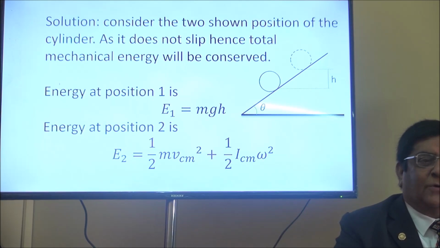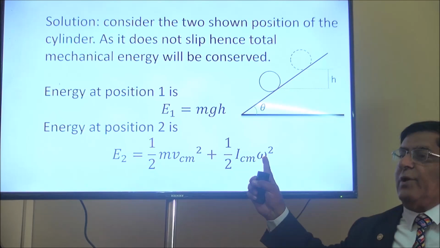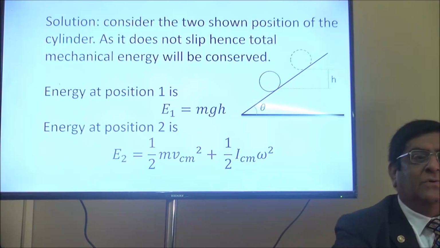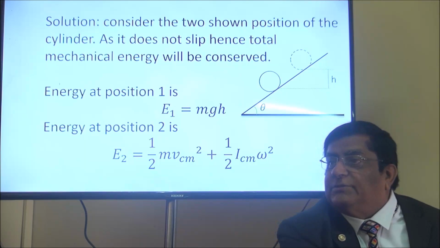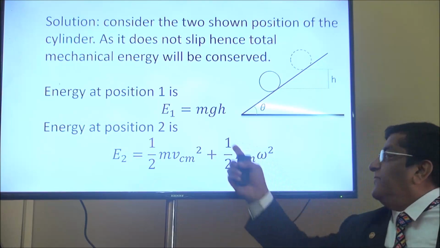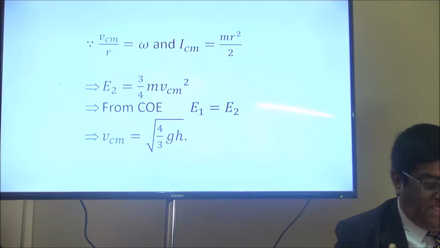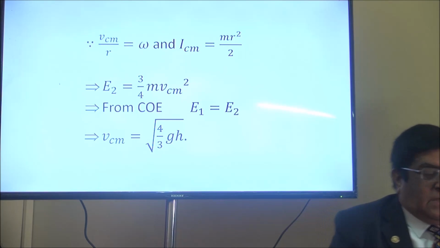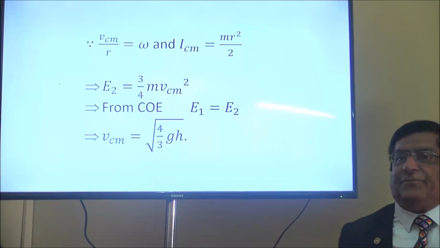Yes, mr square upon 2. So this is mr square upon 2 and this is v square upon r square. Do the calculations, how much it comes to? How much? 1/4. This is 1/4 mv square. Yes, 1/4 and half will become 3/4.